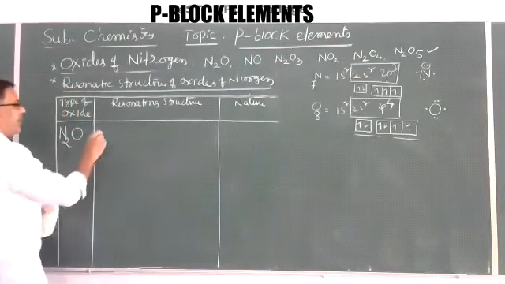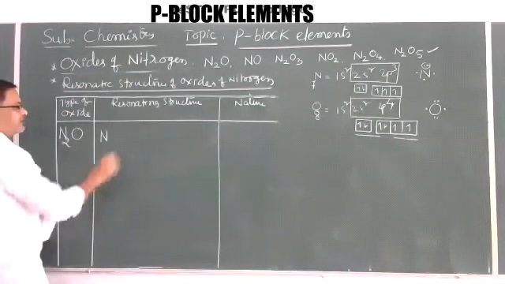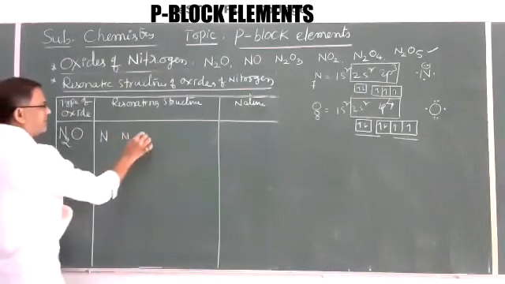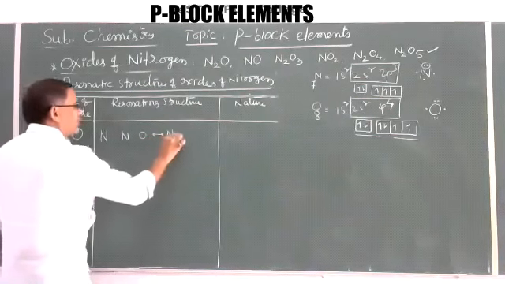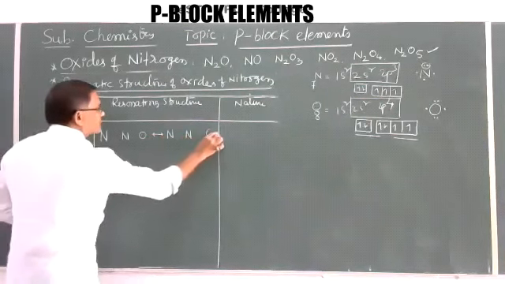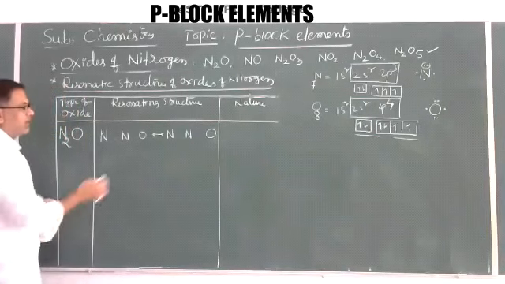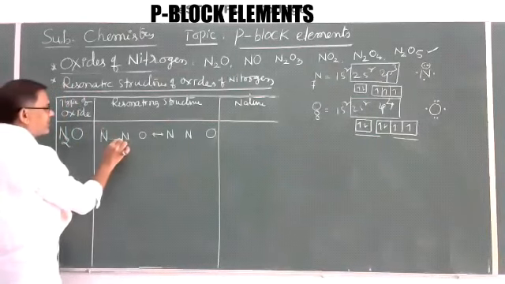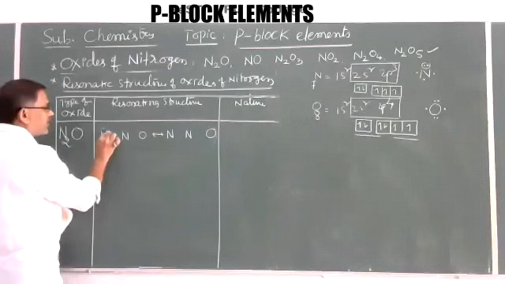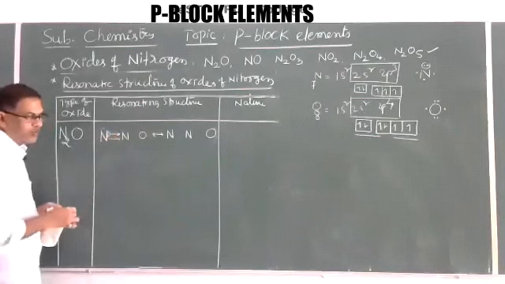For example, here the Lewis dot structure: nitrogen, here nitrogen and here oxygen. Create like first, and here also nitrogen and oxygen. Now here a lone pair of electrons is present, one is connected with this, and one pair is donated to this, forming a coordinate bond.